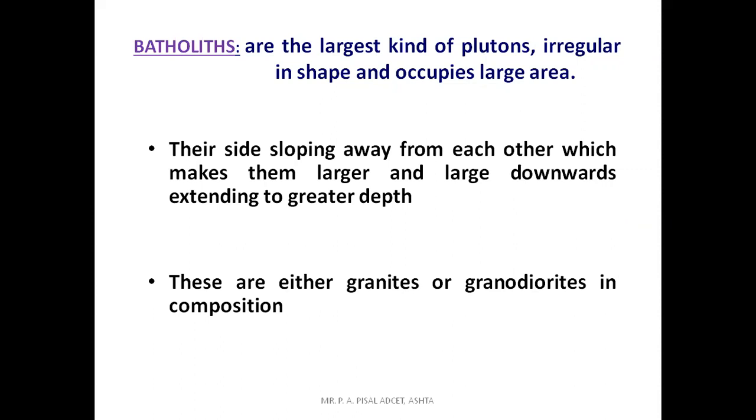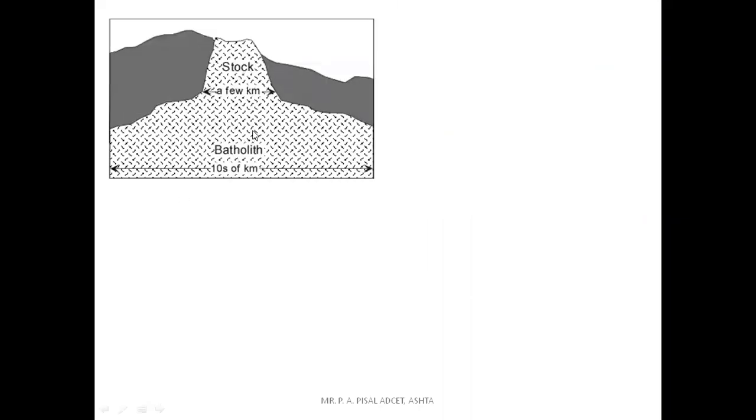As we go downward, the thickness is maximum, and towards the upward side, compared to the bottom, the thickness is minimum because of the sloping sides, which I am going to show you with the diagram. These are either granites or granodiorites in composition. Means batholiths generally consist of granite type of rocks, which we generally use in construction. So these are the batholiths.